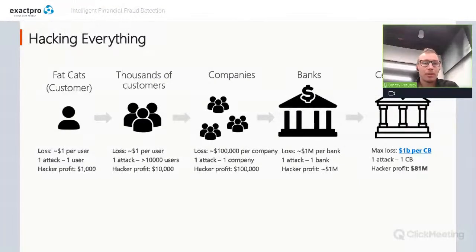The peak, but not the end of that story, was in 2016. It was the attack on the Central Bank of Bangladesh. Using SWIFT networks, hackers attempted to transfer $1 billion, and $81 million was stolen successfully.